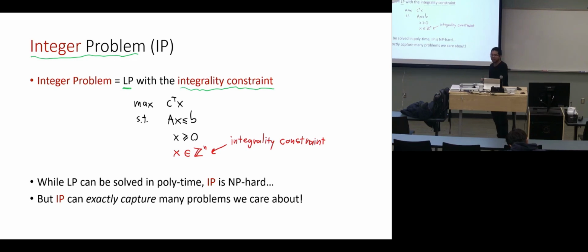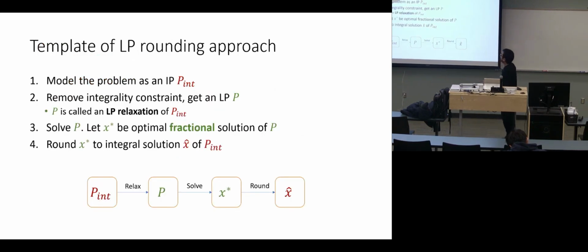Because of that, the template for LP rounding is the following. Given any problem, the first step is to write down the IP formulation of the problem. Just translate the problem into an integer program, and call it P-int. You cannot solve it yet.